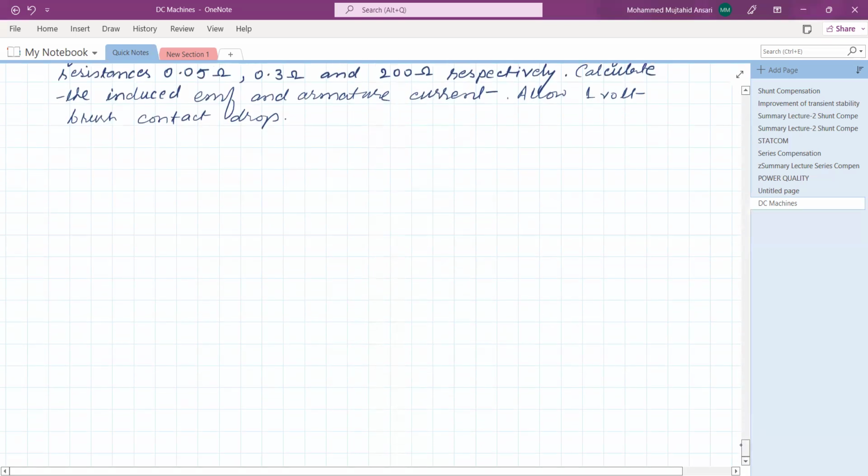So again, first it is a short shunt. Short shunt means the shunt winding is across only the armature, not across the series field winding.